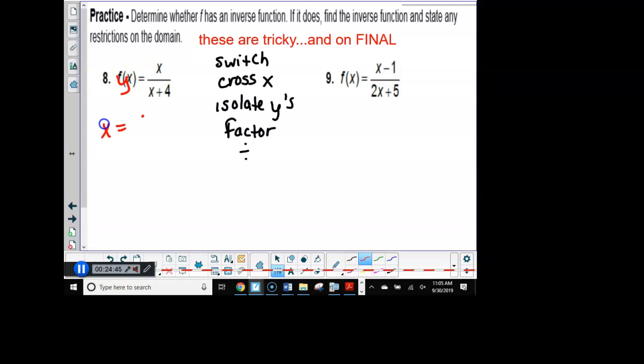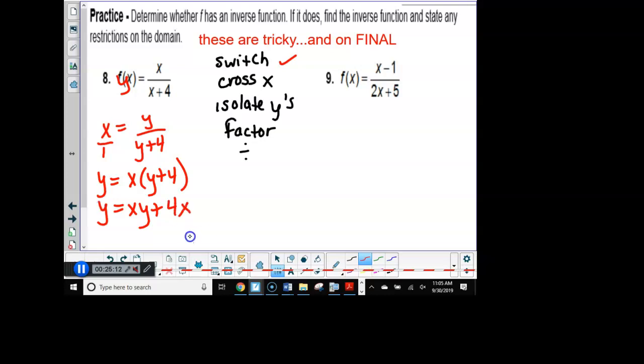So it says x equals y over y plus 4. Then I wrote up here, you switch. Check, we did that. Then you cross multiply. So put this over 1 and cross multiply. Going this way, you just get a 1y. Going this way, you get x times the quantity y plus 4, or xy plus 4x.